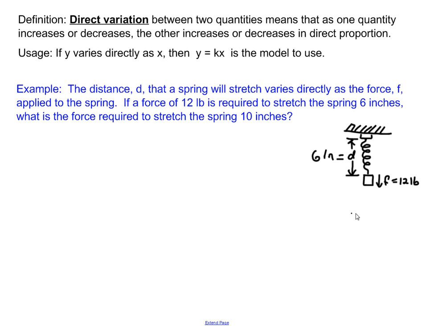The question that's being asked here is, well, what would happen if we wanted to stretch the spring to 10 inches? So we wanted to stretch out this spring a bit more.